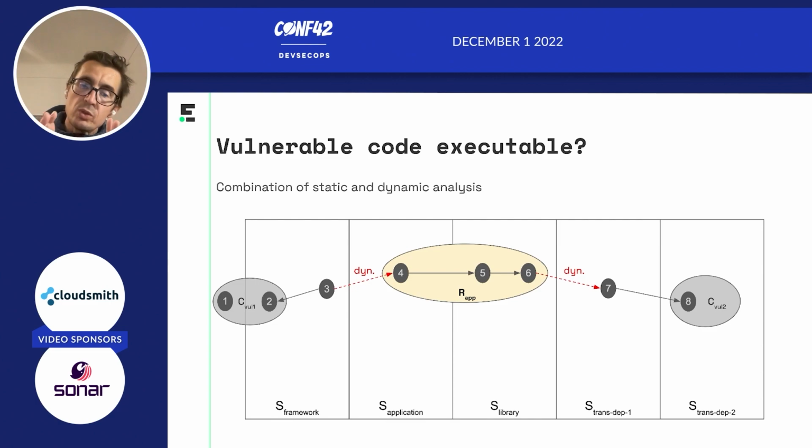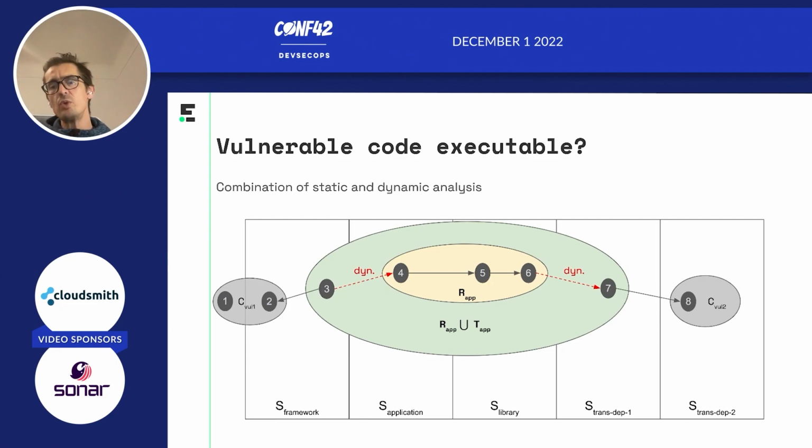And also, since we used 4 as an entry point, we also do not find this dynamic invocation of the framework method 3 of the application method number 4. As a next step, we run a dynamic analysis.